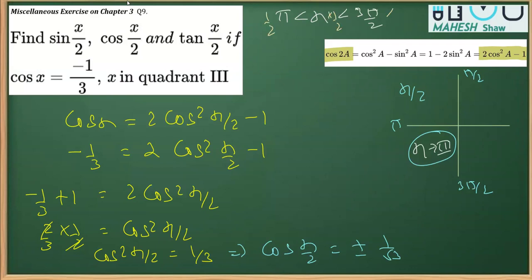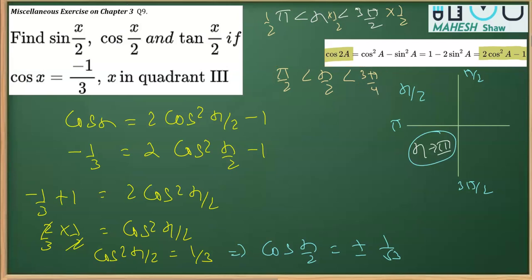We get pi by 2 and 3 pi by 4. So if x lies in the third quadrant, x by 2 will lie between more than 90 degrees and less than 135 degrees.